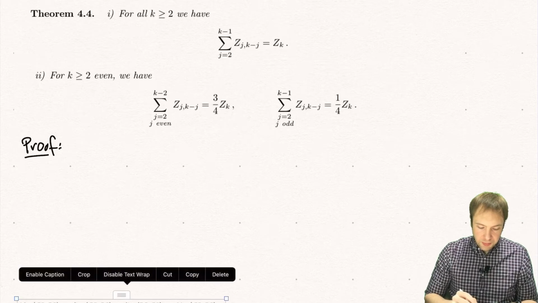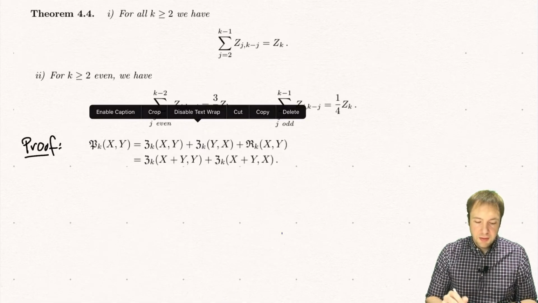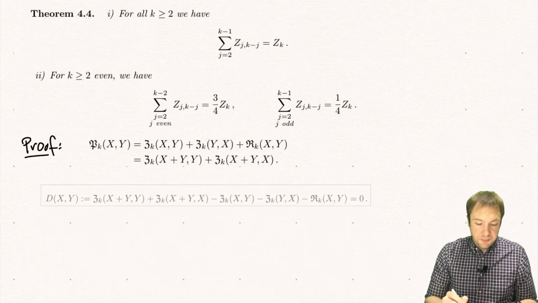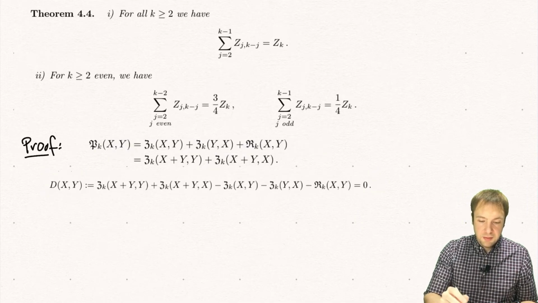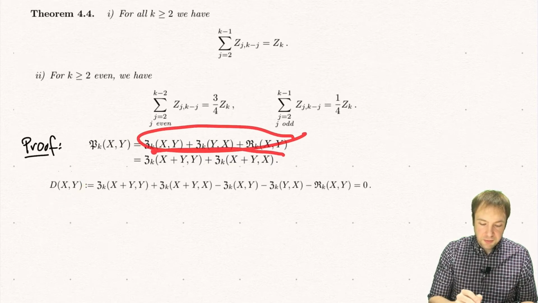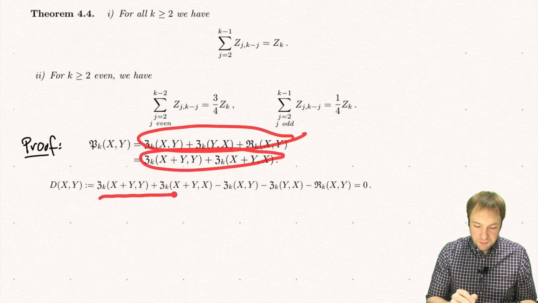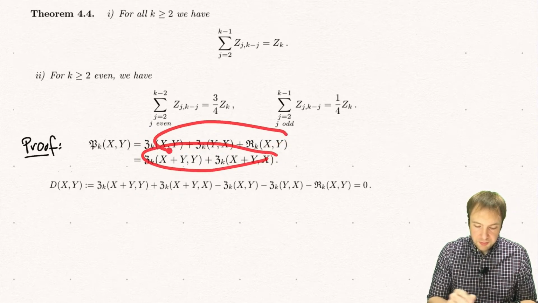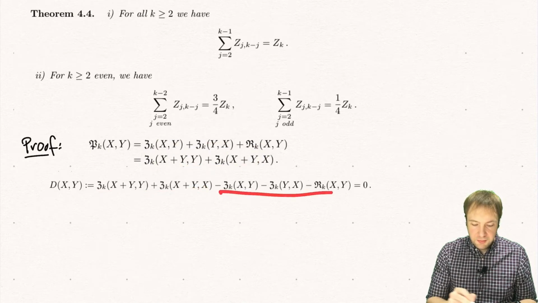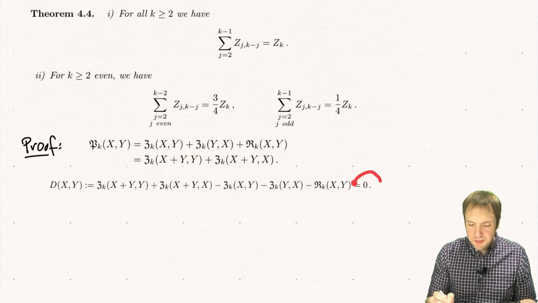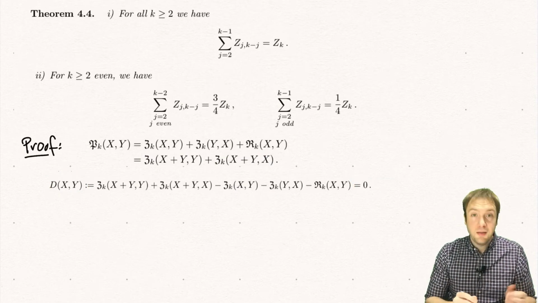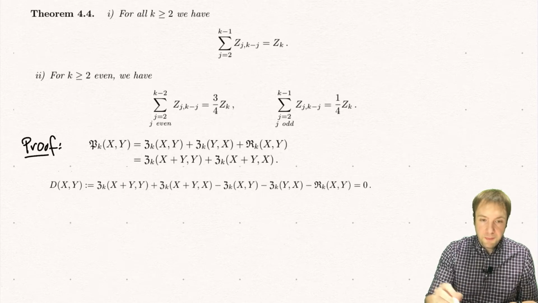So recall that we have this equation here for the generating series. If we define this dxy to be the difference of this minus this, so we take this part here minus this part here, then because they are the same, this dxy is always 0, no matter what I plug in for this x and y.